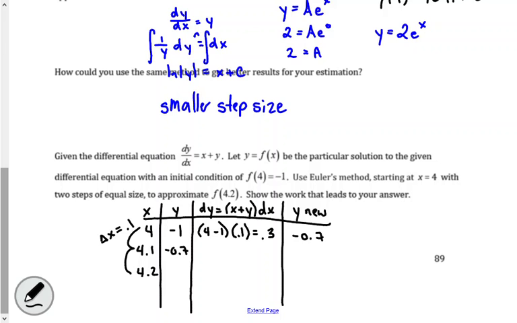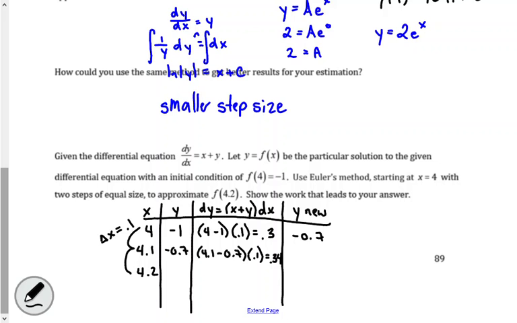Then I calculate my new dy by doing 4.1 minus 0.7 equals, what does it equal? Why don't you multiply it? Oh, I need to multiply it by times 0.1, thank you. So what do I get? 0.34.